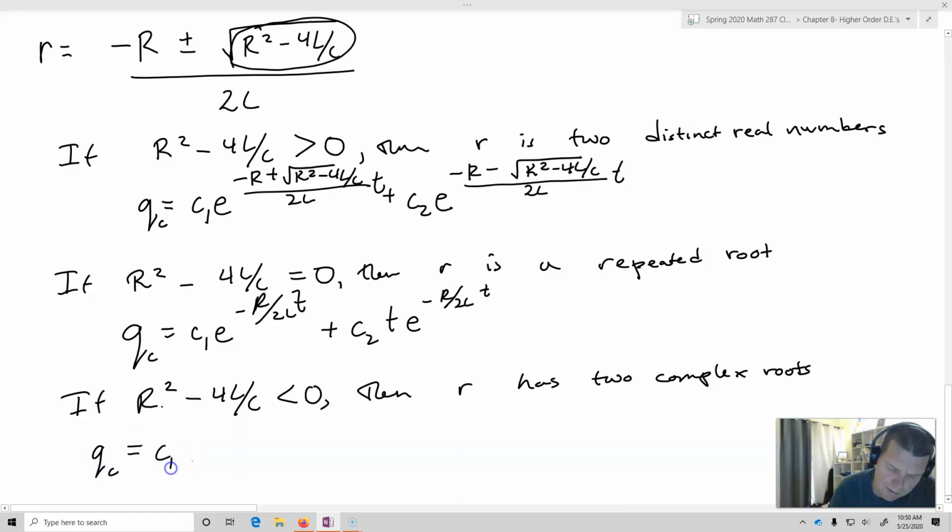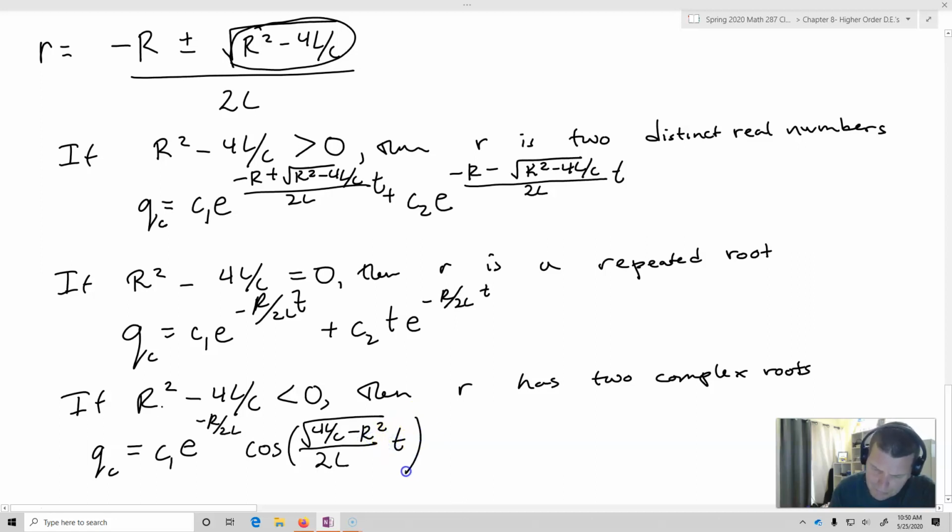It's going to be C1 e to the negative r over 2L, that's the real part, times cosine of the square root of 4L over C minus r squared, over 2L, t. That's the imaginary part.